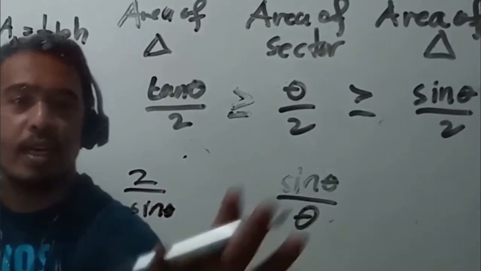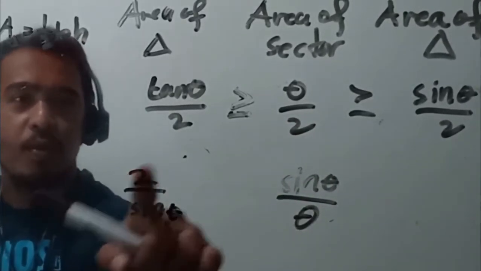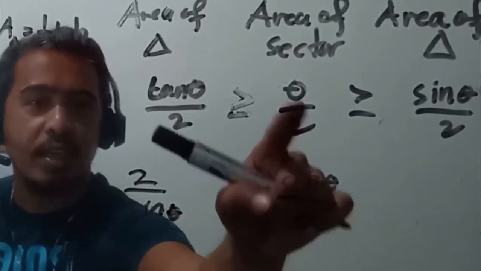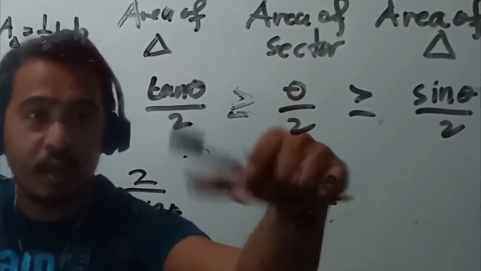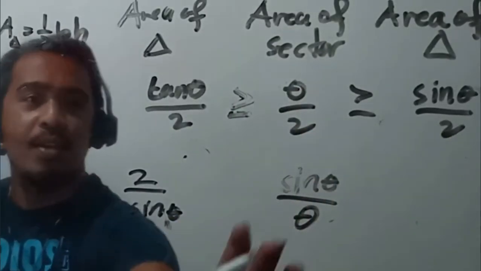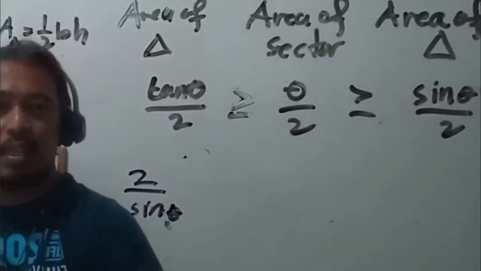Why 2 over sine theta? Because if you multiply it here, the 2 will be cancelled out. You can multiply it in the denominator, so you have theta over sine theta, and you will take the reciprocal later. So we will be multiplying this in each quantity.